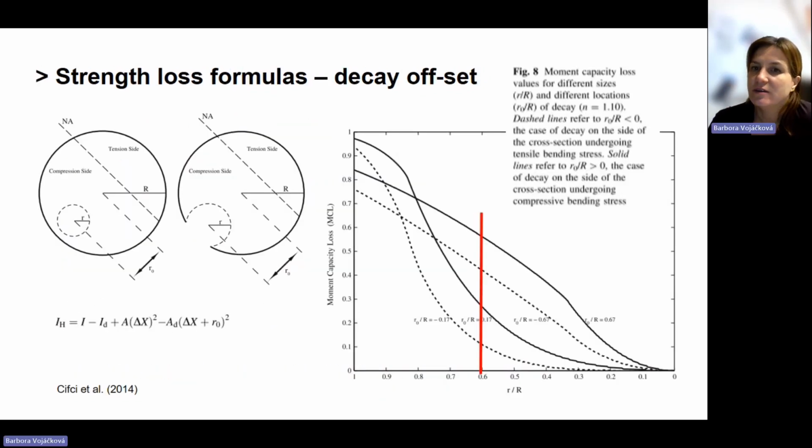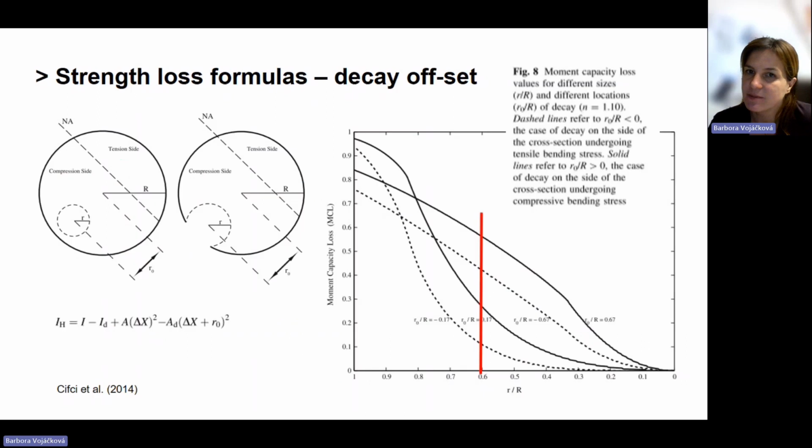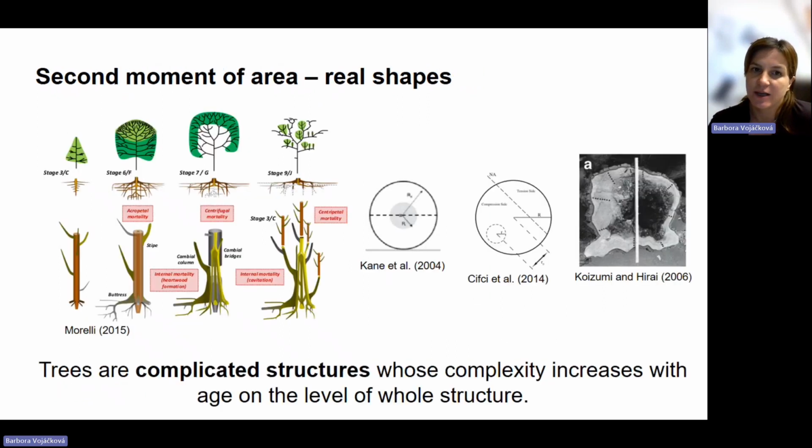So these were the approaches for what we call primitives, simplified shapes, which we sometimes use for our analysis, maybe in some bigger data set. It's just good to know what is going on behind the calculation.